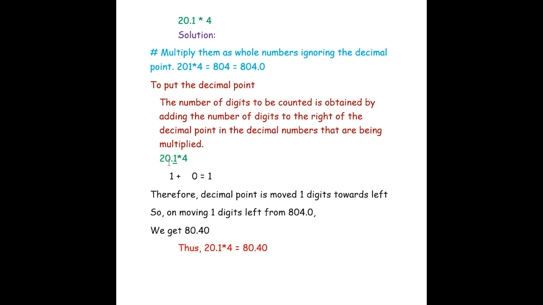In your question we have 20.1. So you have only one digit after the decimal point. So you have to move the decimal point only one digit towards left from 804.0. If you move one digit, you will get 80.40. So thus 20.1 into 4 is 80.40.